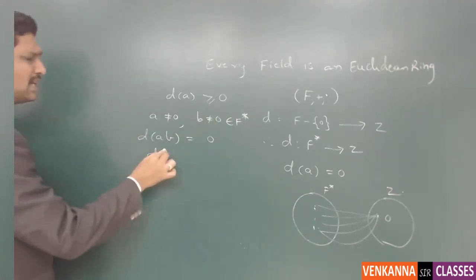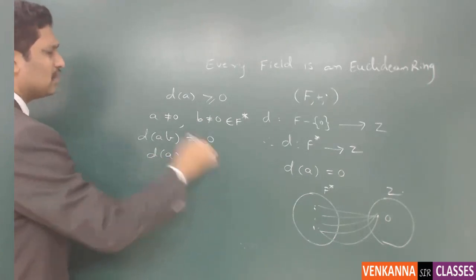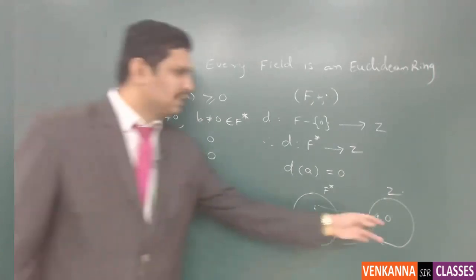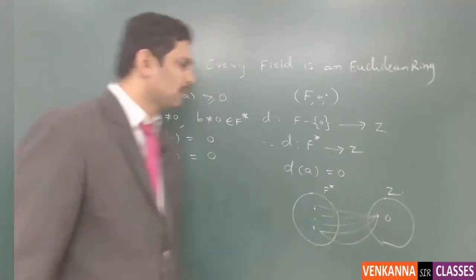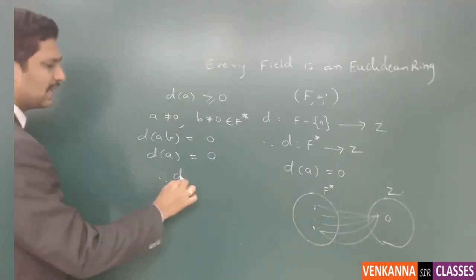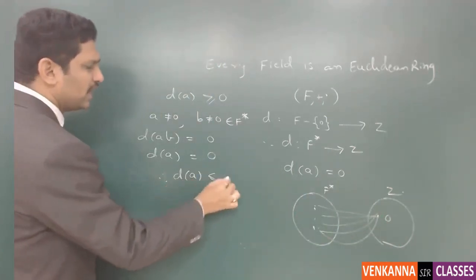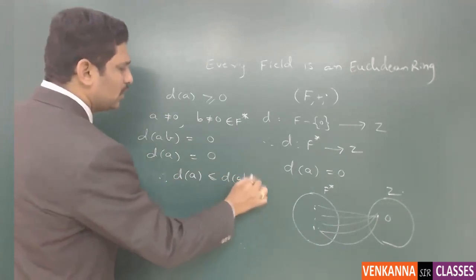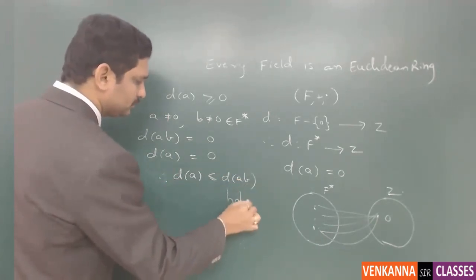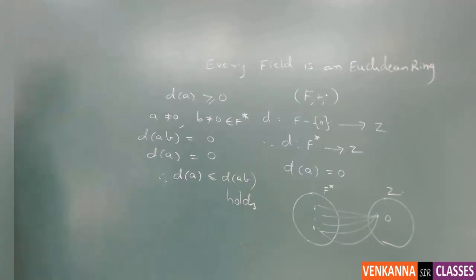And D of A is also 0 because you have taken the constant mapping. So the condition D of A less than or equal to D of AB holds. In this way, the first condition will be satisfied under this mapping. Any questions for anybody?